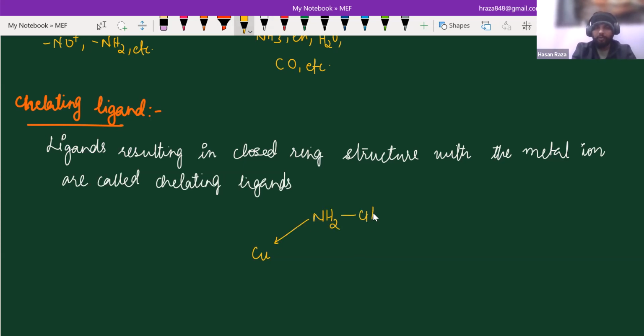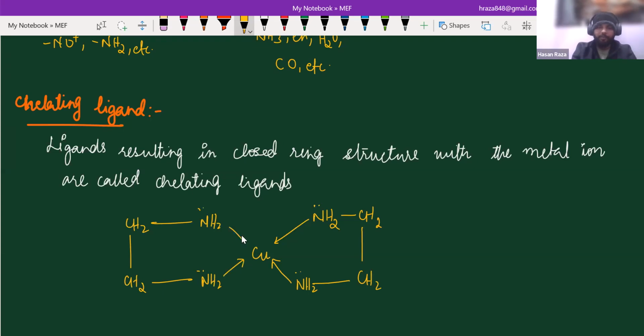So this is your ethane 1,2 diamine, which will form a ring or closed structure. NH2 is there, NH2 is there. And you know this ligand en, ethane 1,2 diamine, is bidentate.